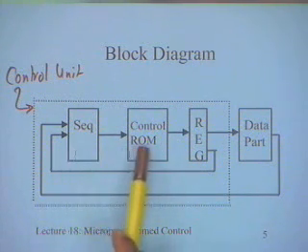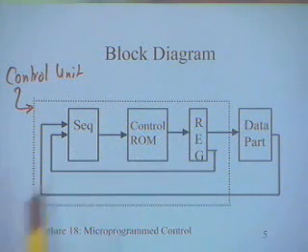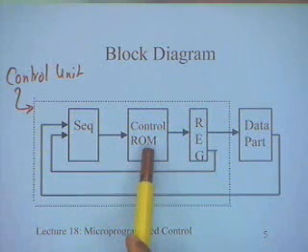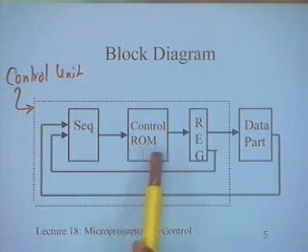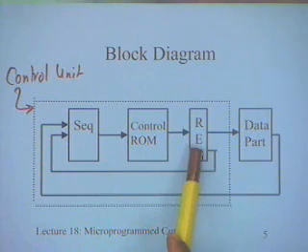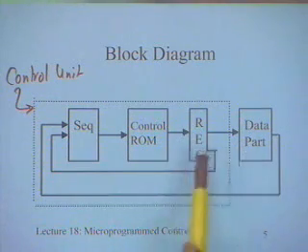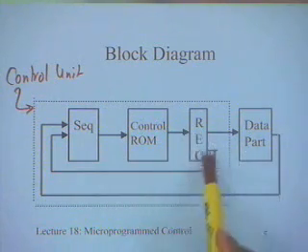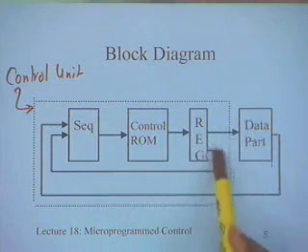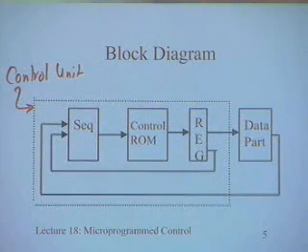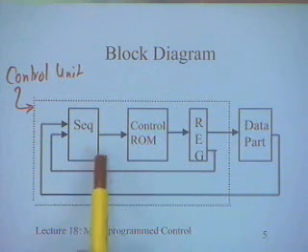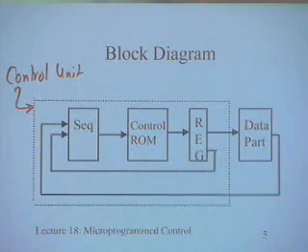I have a sequencer, I have a control ROM, I have a register. Output of the sequencer goes as an input to the control ROM. Output of the control ROM goes as an input to the register. Output of the register is split. One set goes to the data, another set goes back to the sequencer. So these are the three main components over here.